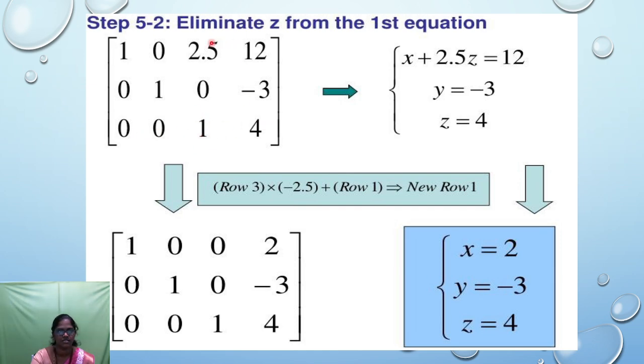So add with this, we get 1, 0, 0, 2; 0, 1, 0, minus 3; 0, 0, 1, 4. Okay. So finally we get the value of x equal to 2, y equal to minus 3, z equal to 4. Okay.